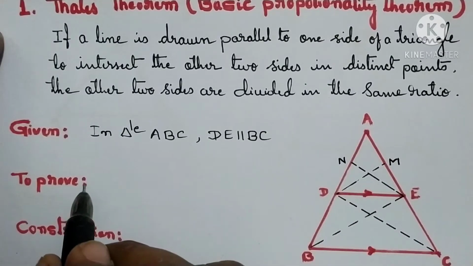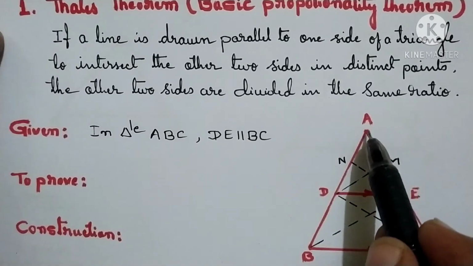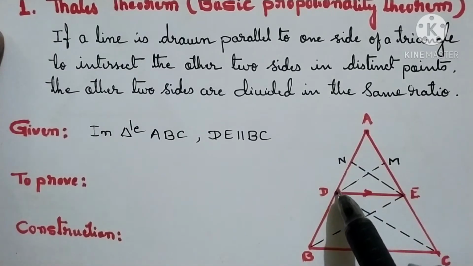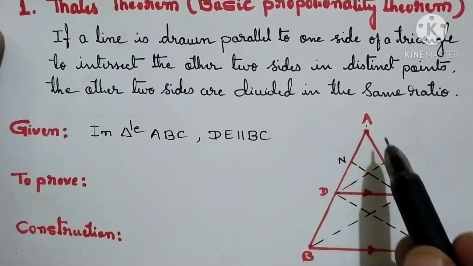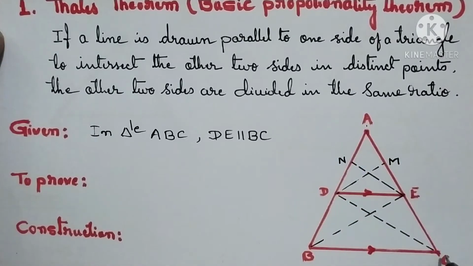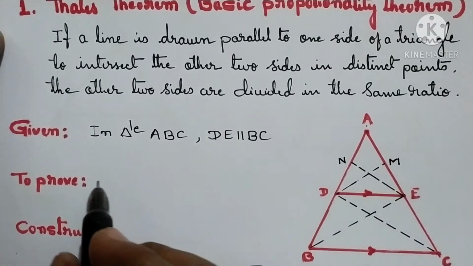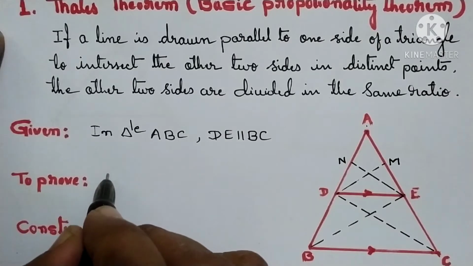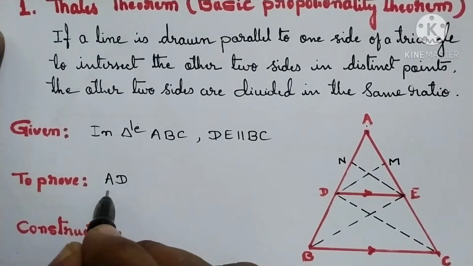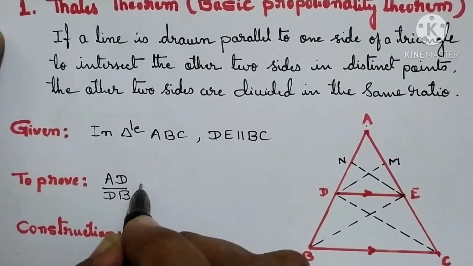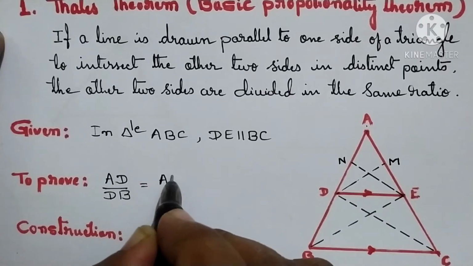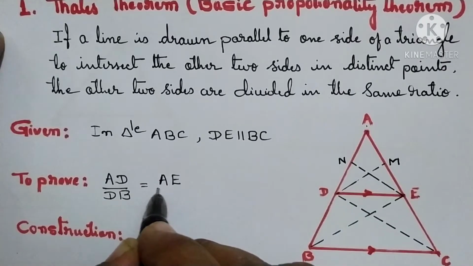Then to prove that, AD divided by DB is equal to AE divided by EC. What we have to prove here? AD divided by DB is equal to AE divided by EC.